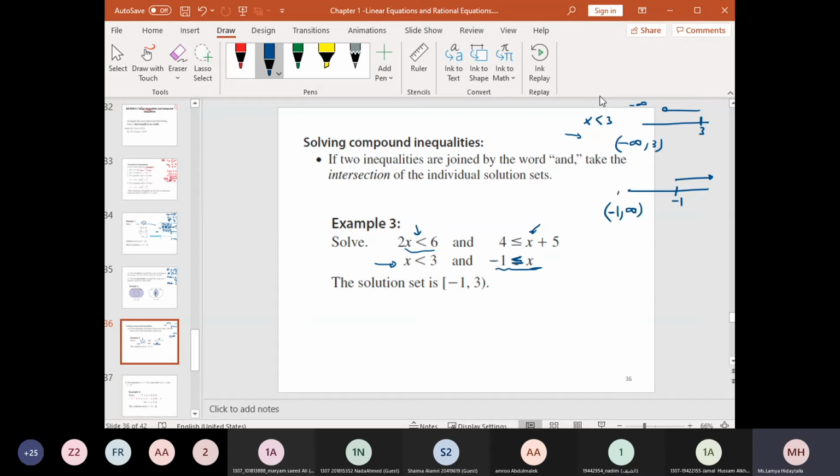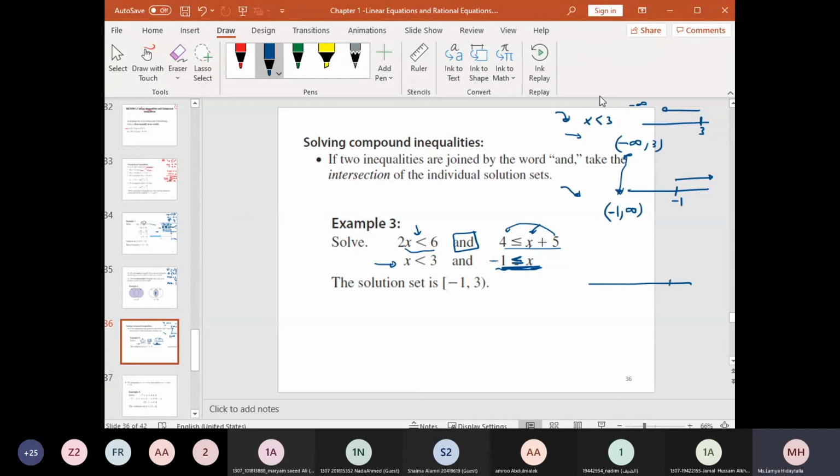What is the intersection of these two sets? Because here it says "and", so the solution should satisfy this equation and the other equation. The second equation was x plus 5 greater than or equal to 4, so take the 5 to the other side, so x is greater than or equal to minus 1.